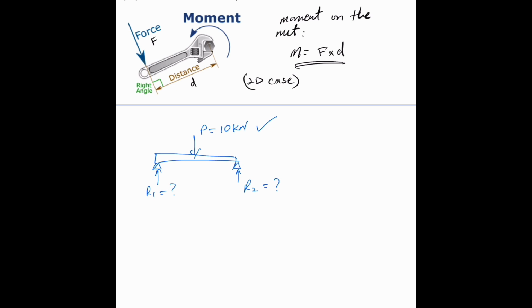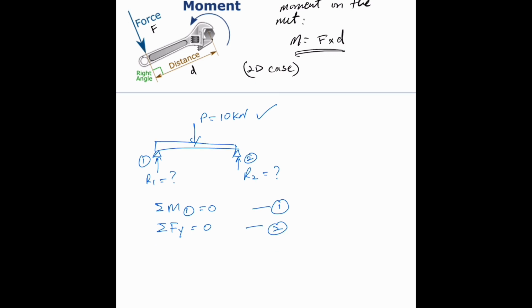We call these points point 1 and point 2. We could take moments about point 1 and say that is equal to 0. That's equation 1. We could also sum the forces in the vertical direction and say that is equal to 0, because we have equilibrium. This is equation 2.